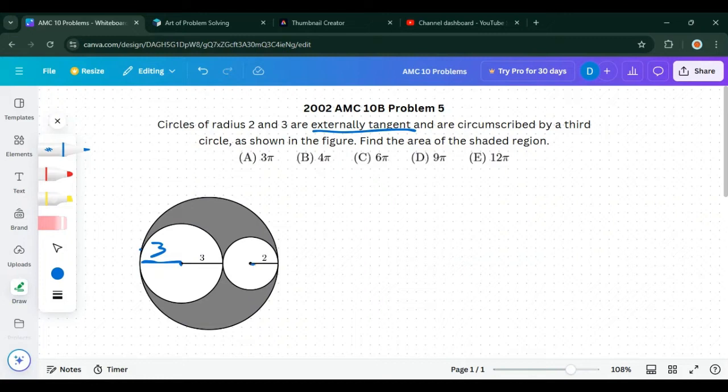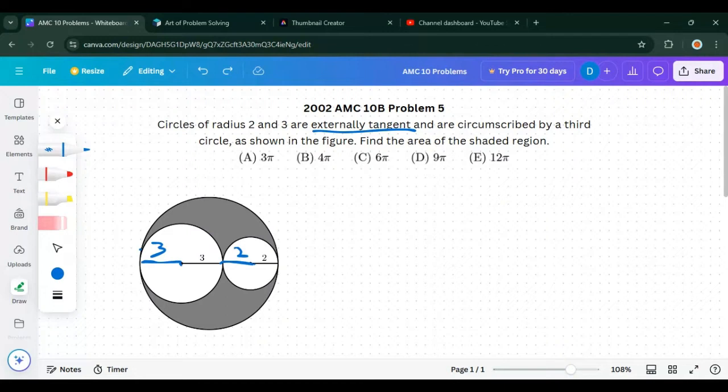Okay, so we could do the same for the other circle, although we already have the line of tangency. We can draw another line or radius to the center of the second circle, this circle here. Okay, and then we draw that radius of 2.